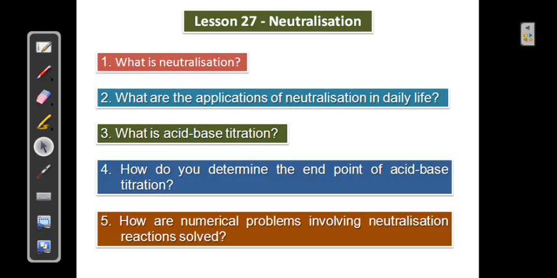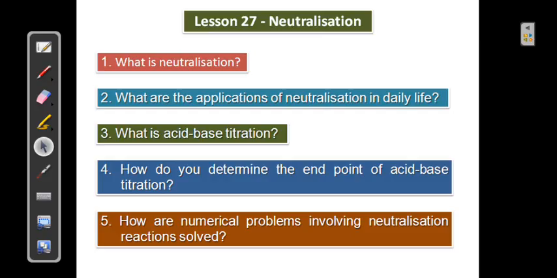So lesson 27, neutralization, will cover various factors. In this lesson you will learn what neutralization is all about, and what the applications of neutralization in daily life are.